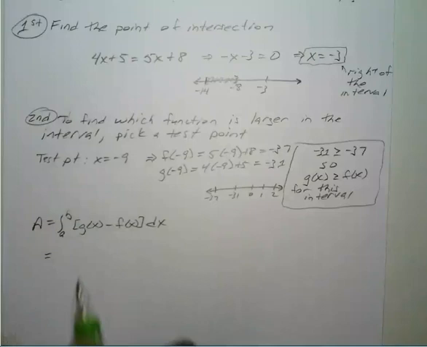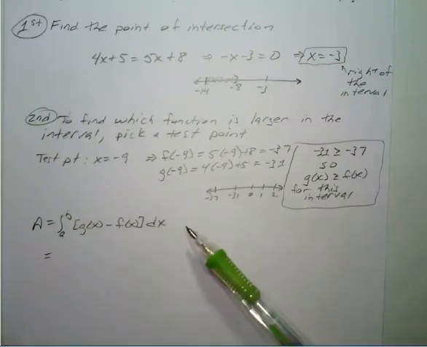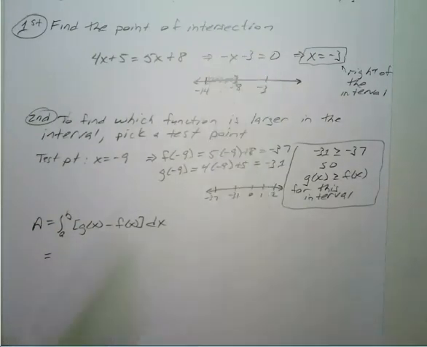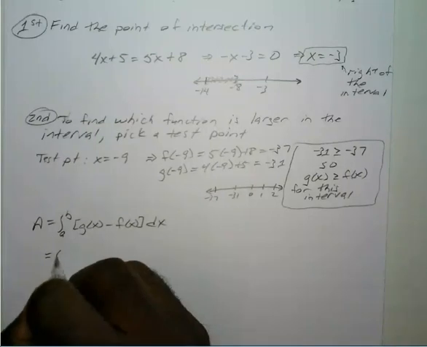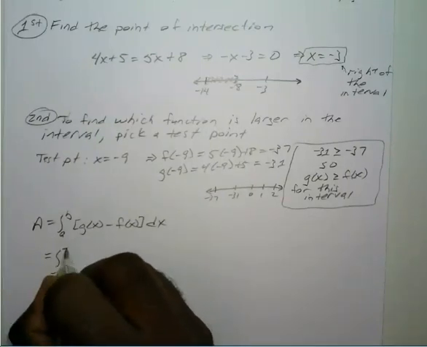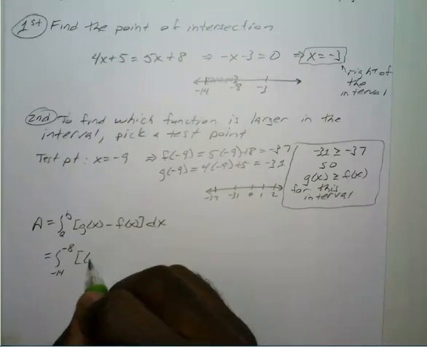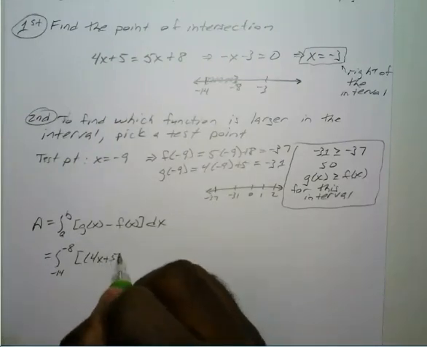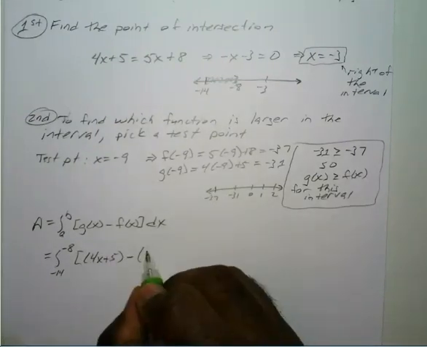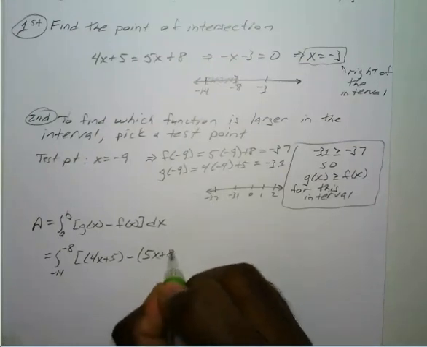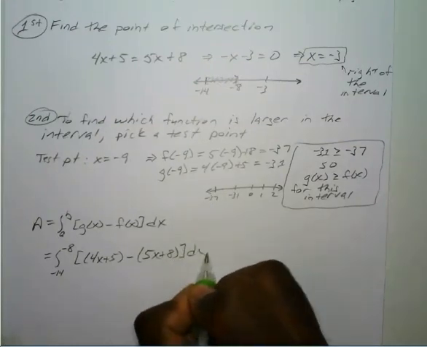So remember your a and b are negative 14 and negative 8. So the integral from negative 14 to negative 8 of your g of x, which is 4x plus 5, minus your f of x, 5x plus 8, with respect to x.